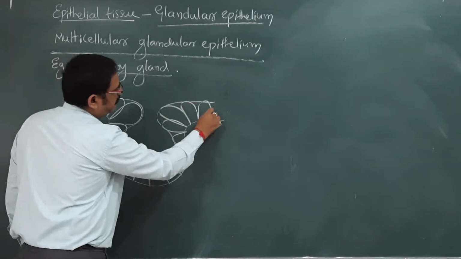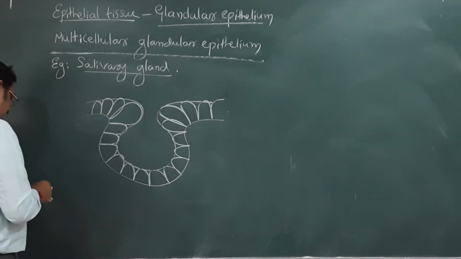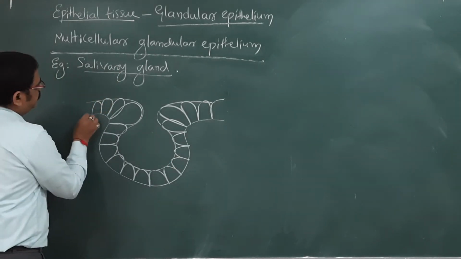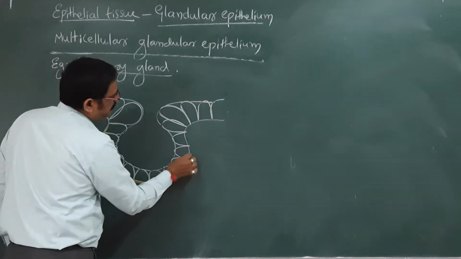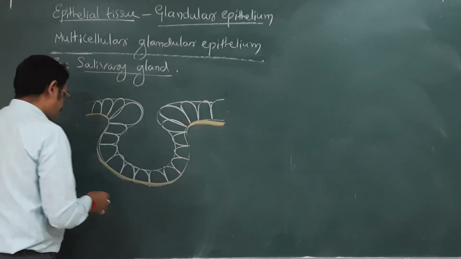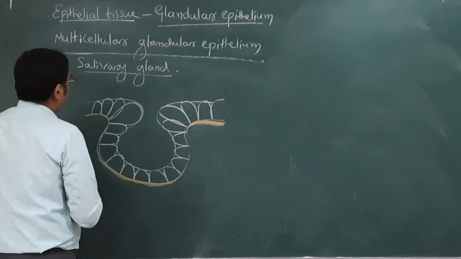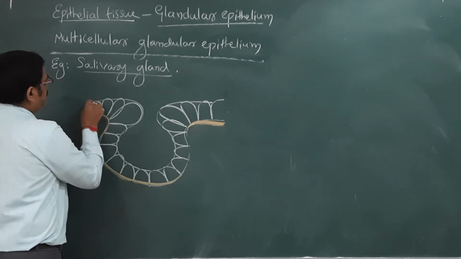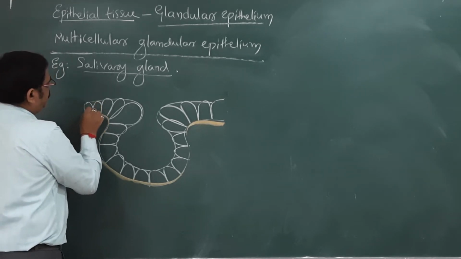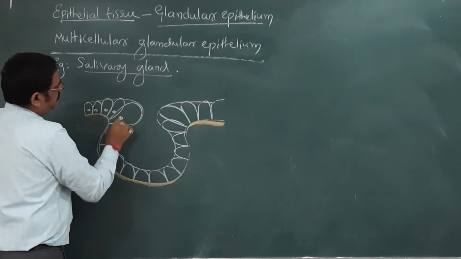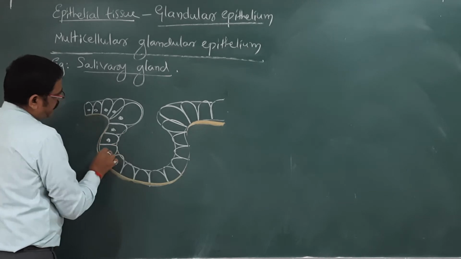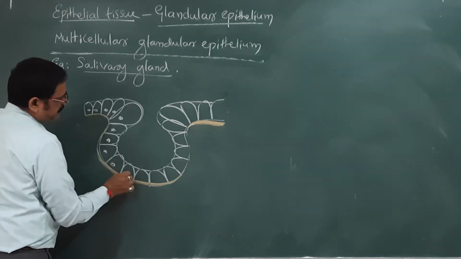Every cell is very active as long as it has a nucleus. The presence of a nucleus indicates they are active and live cells.